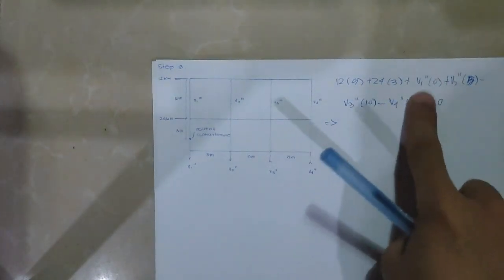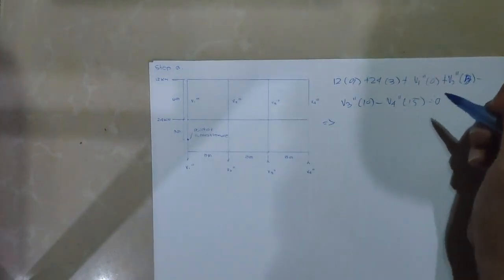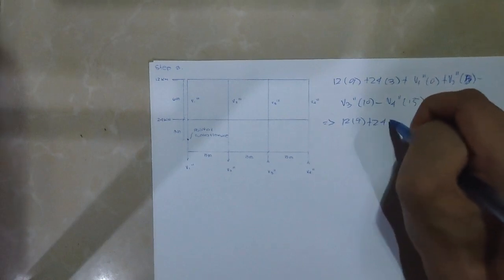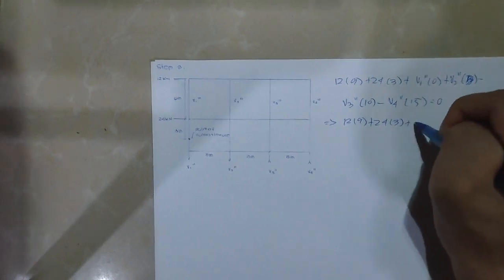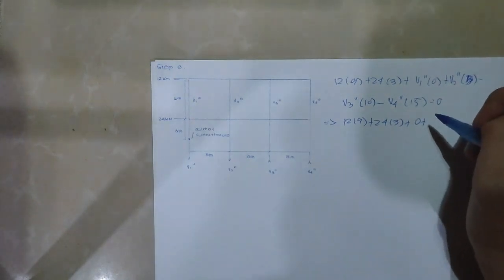Input the values, V1, right? So 12 times 9 plus 24, V1 is 0, plus V2.